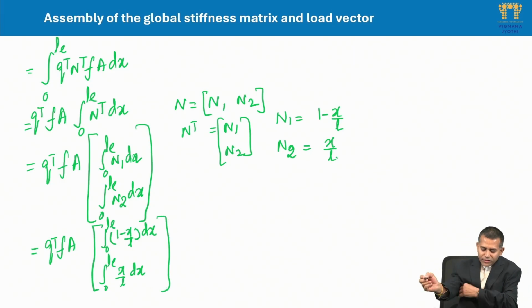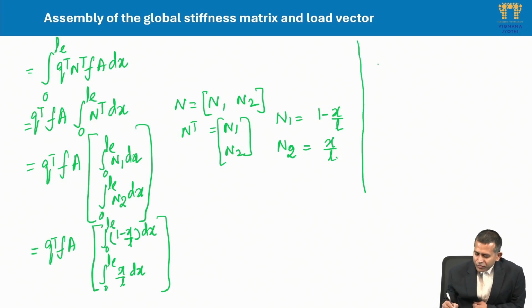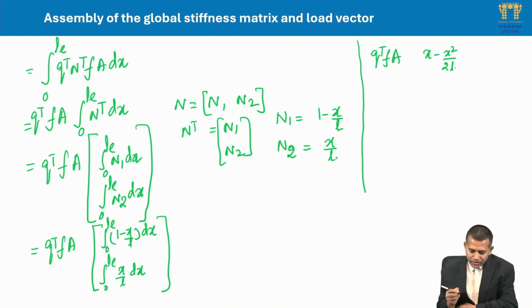Now we integrate it, put in the limits, and see what value we get. If you do that, q transpose f A, and you have 1 minus x by L, so I get this as x minus x square by 2L, right?